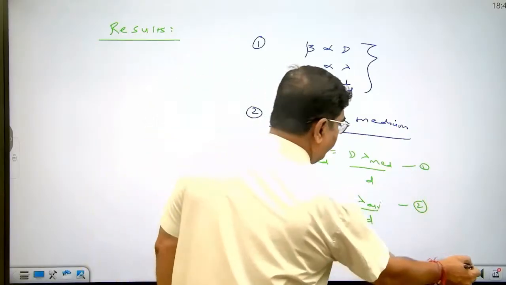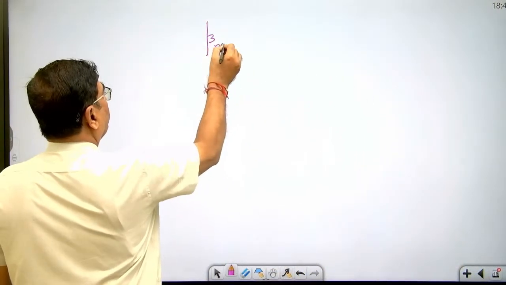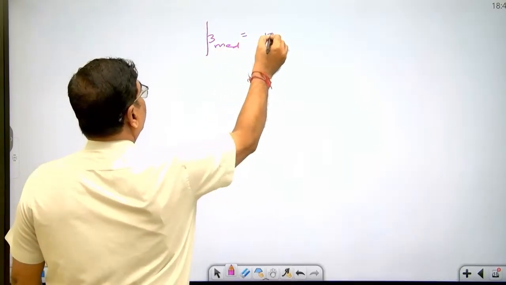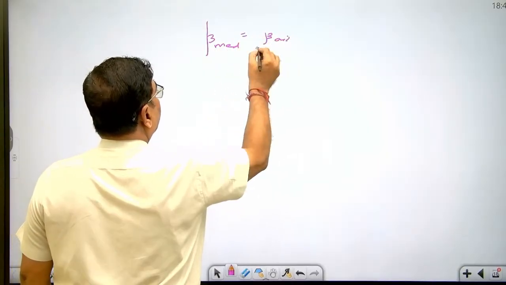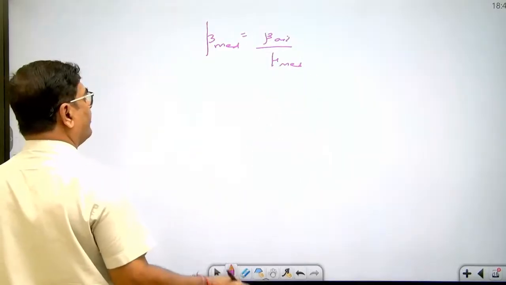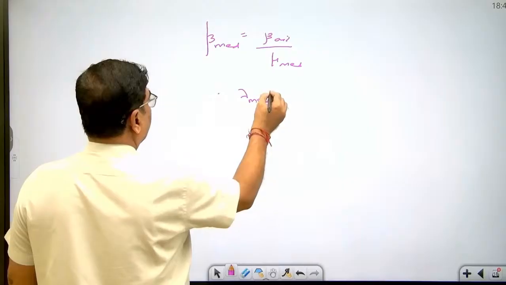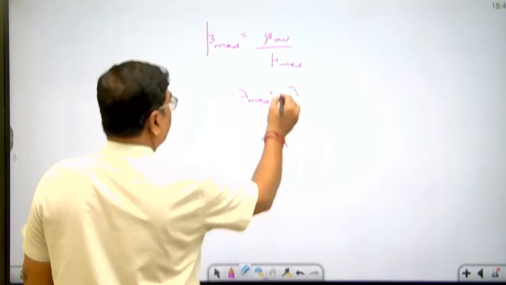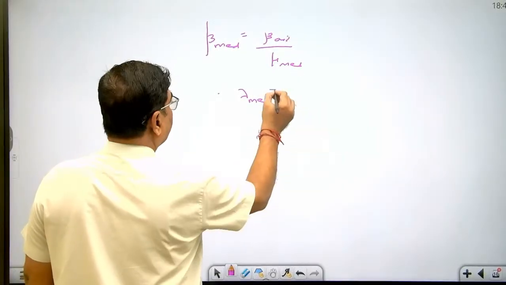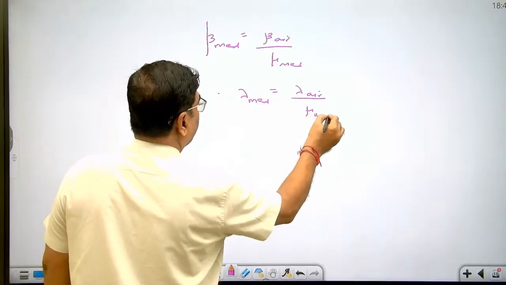Divide these two equations, we get beta medium equal to beta air upon mu medium, since lambda medium equal to lambda air upon mu medium.